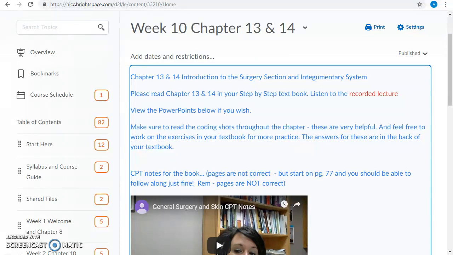Procedures followed by the words separate procedure in parentheses are considered a minor procedure. They're reported only when they are the only service performed, or when they are performed with another major procedure but at a very different site, or very unrelated.